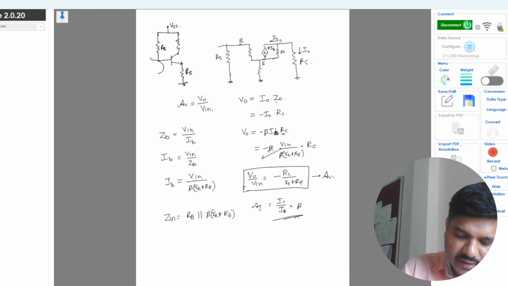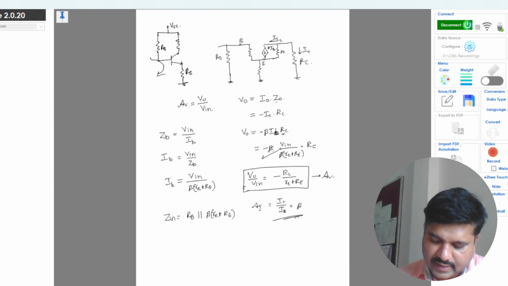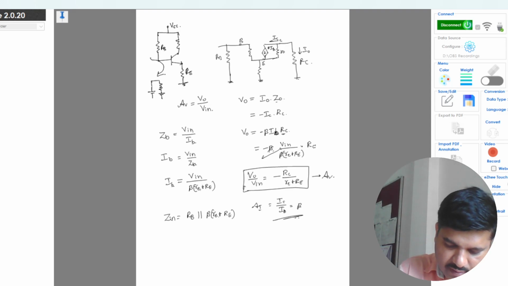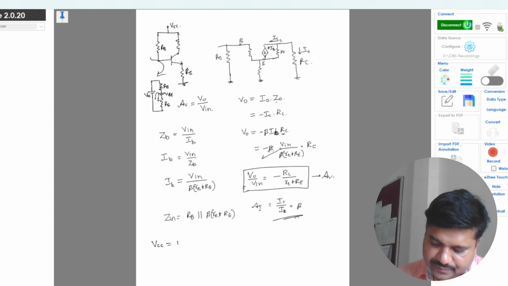Okay, so this is VCC, RB, VBE, and you have RE over here. So applying KVL for this loop, you have VCC is equal to IB into RB plus VBE plus IE into RE.